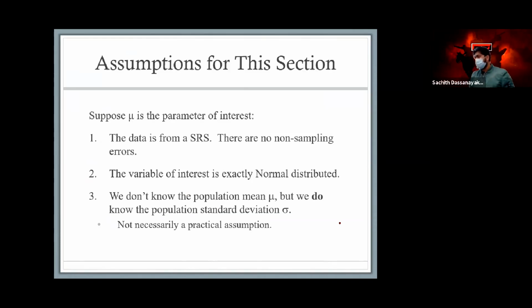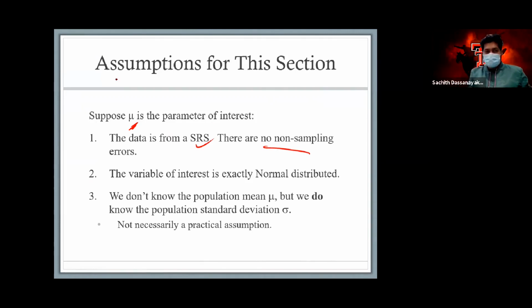There are a few assumptions. Suppose mu is the parameter of interest, which means mu is our parameter to estimate. We assume that the data come from a simple random sample, which means they have no relation. X1, X2 are different. No sampling error; we just forget about them.